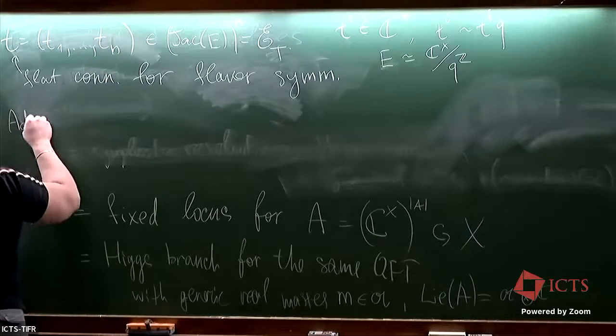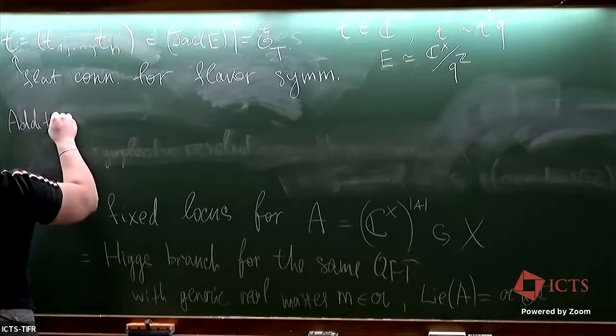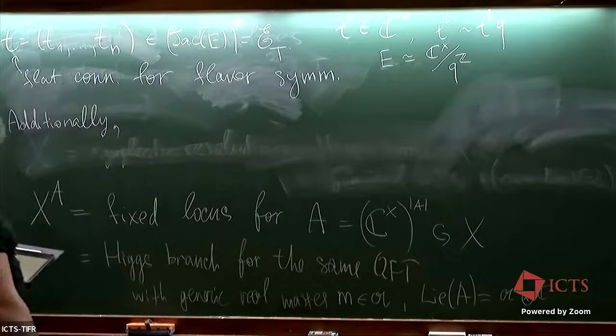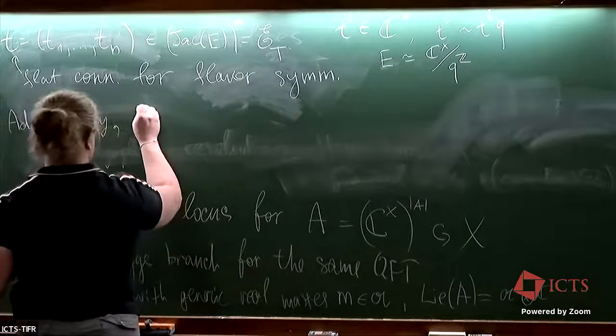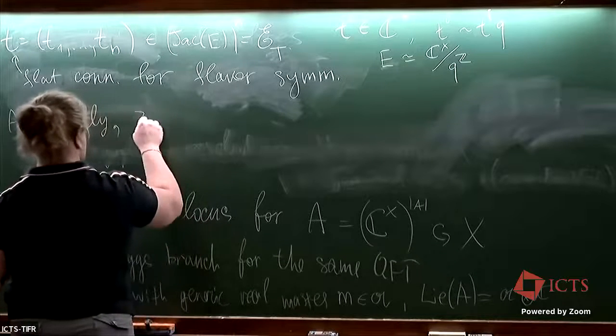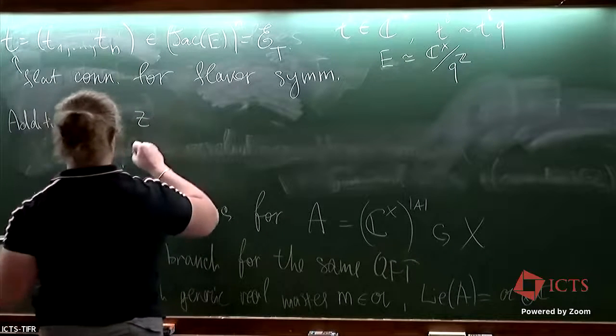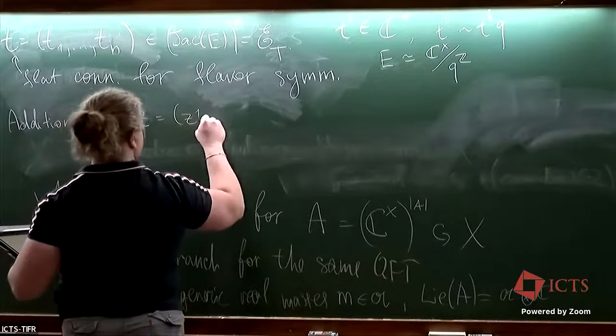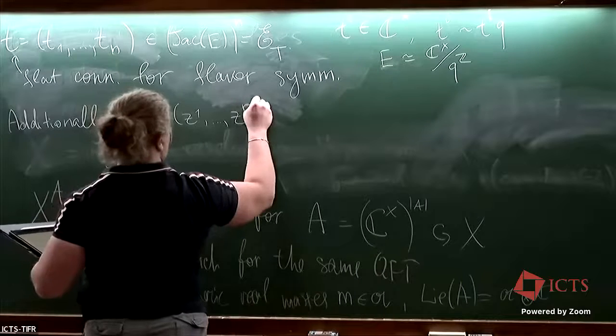So additionally, there are such parameters that are called little z. There are r of them.